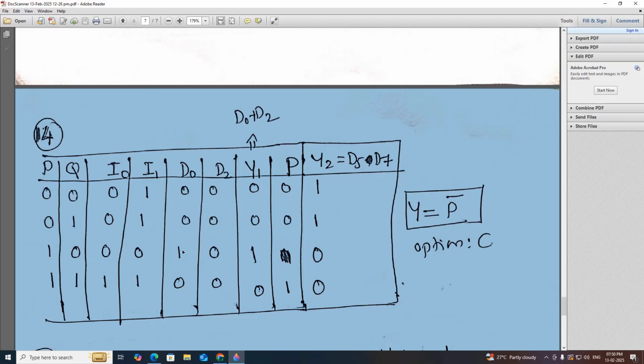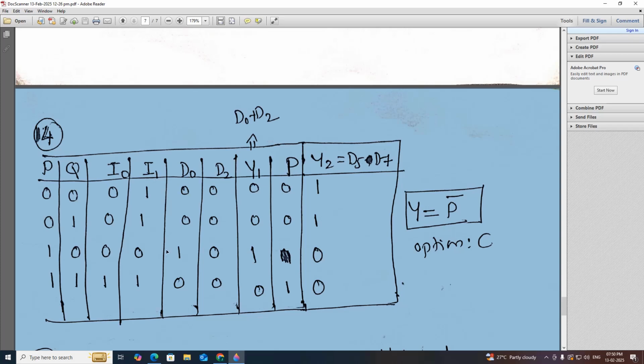Okay. So therefore, what will happen? I0 is PQ. So P and Q are 0, 0. This is 0. And 0 multiplied by 1 is 0. 1 multiplied by 0 is 0. 1 multiplied by 1 is 1. Similarly, we can write for I1.